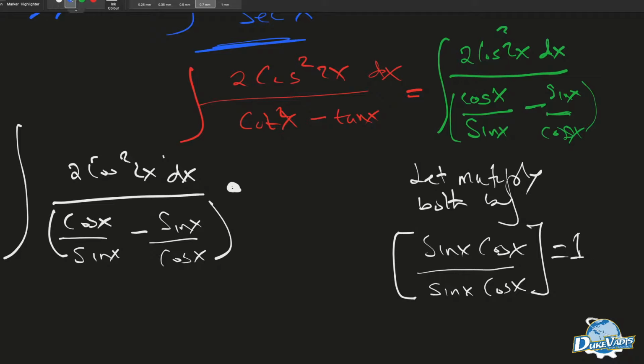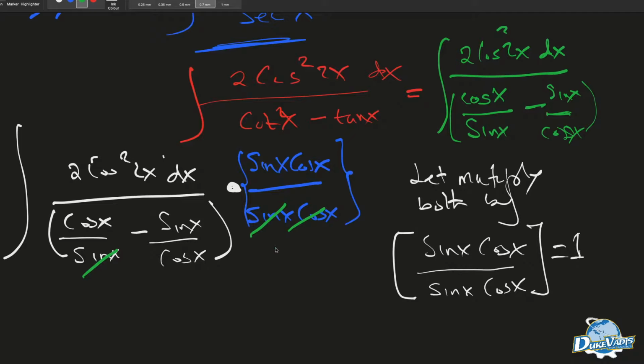So if I multiply the top one by sin x cos x divided by sin x cos x, you will see that the sine here will cancel the sine, and this cos here will cancel this cos.